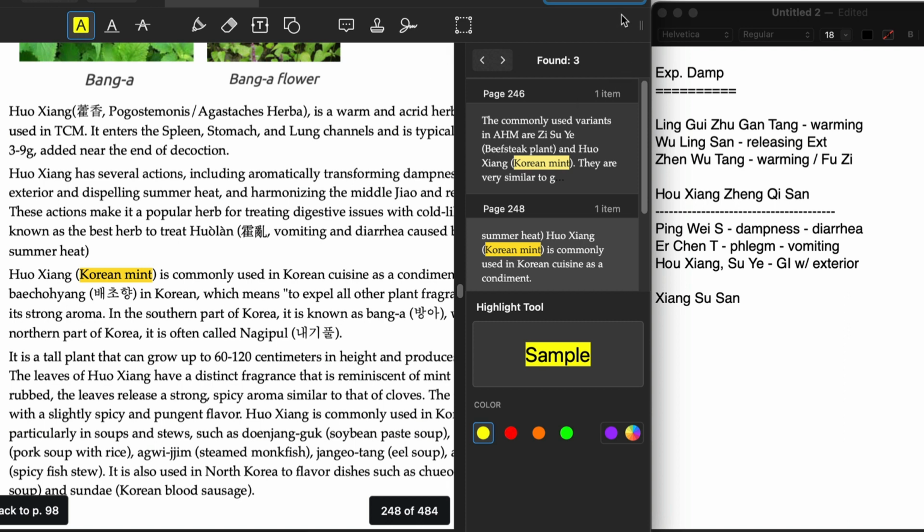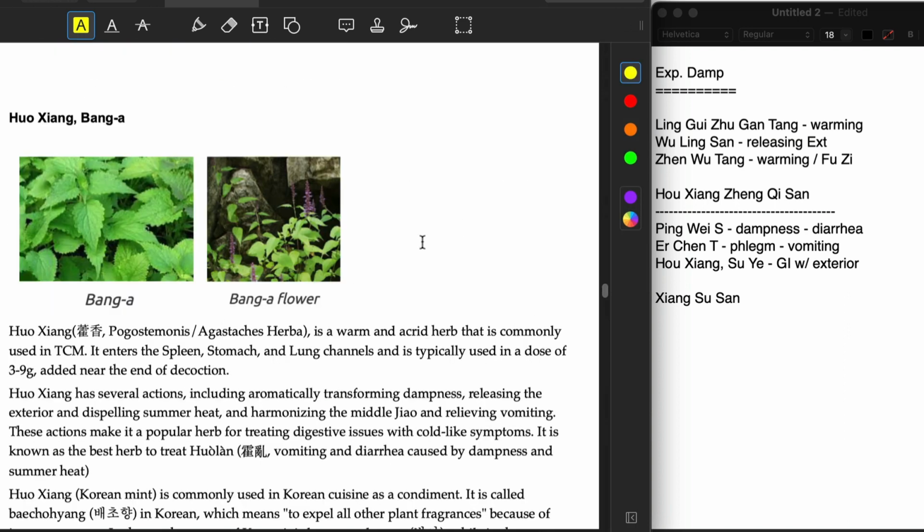Take a look at this. These two herbs. This is Panga in Korean. This is Hoshang. This is the Panga flower. Any famous flower in Western society, does it ring a bell to you? It looks like lavender. Yes, they are the same species, similar species.